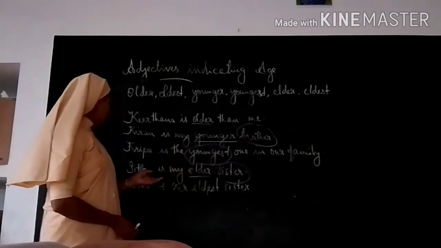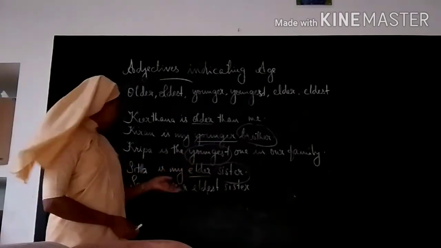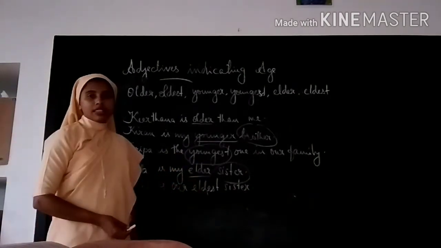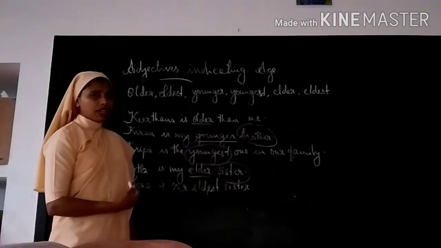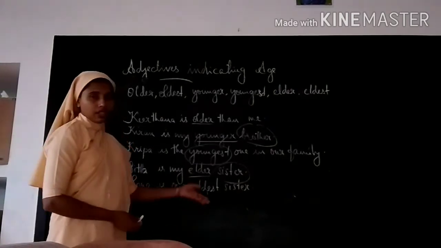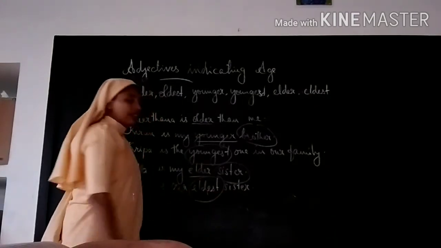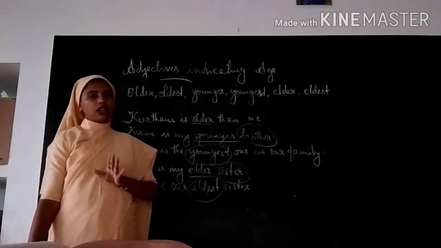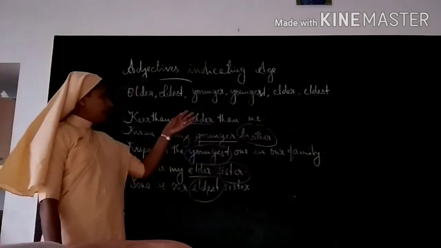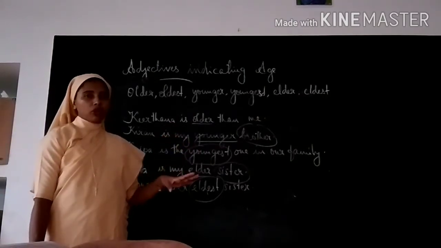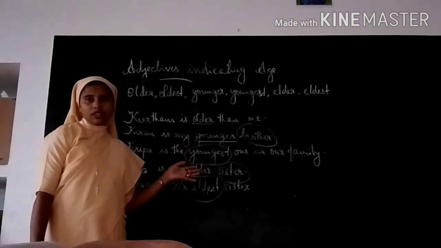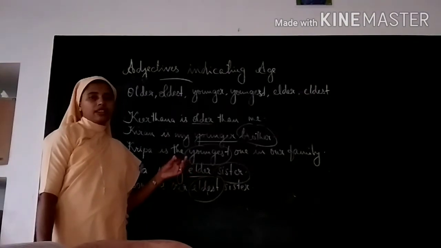Sita is my elder sister. Sona is our eldest sister. That's the comparison between many, so here it is used as a superlative, eldest. And elder and eldest will be used only in family relations. The other ones will be used for both family as well as other relations.